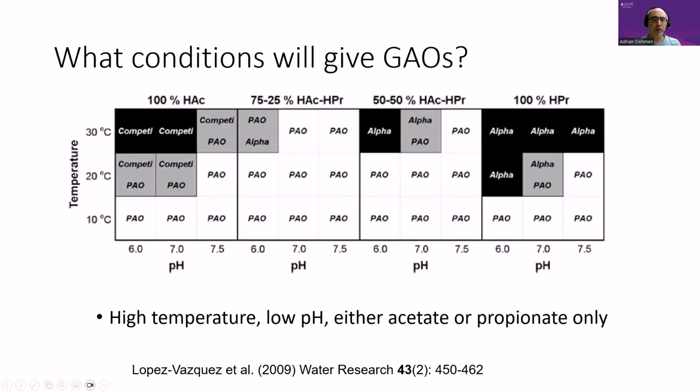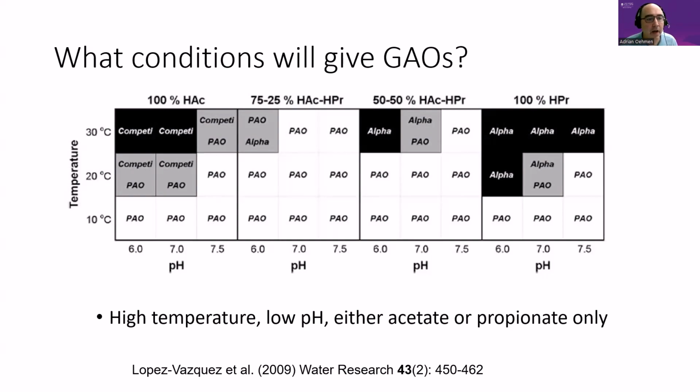What was shown here was that under low temperature situations, it would be very rare to ever come across a situation where you would have a growth of GAUs. Okay, so low temperature, regardless of the other situations, tends to favor POW growth and metabolism.